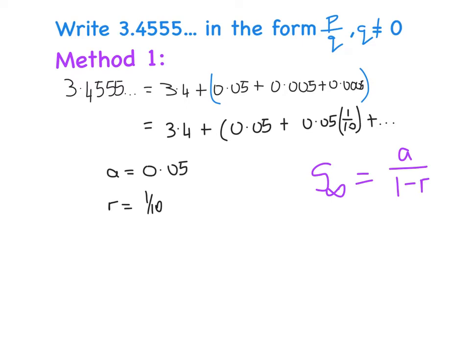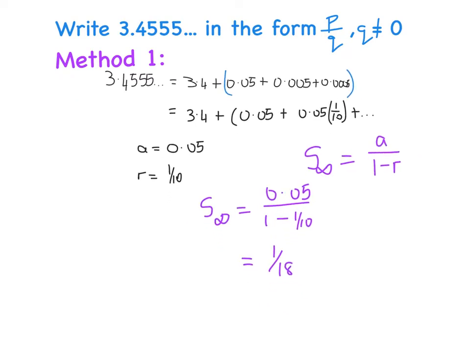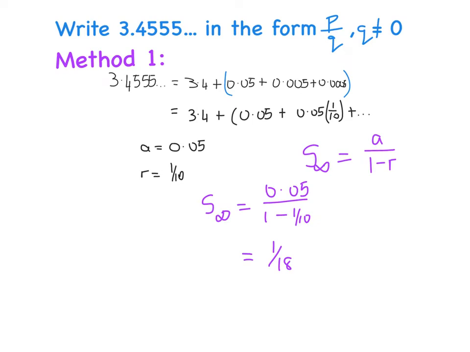And so working that part out, S infinity of this series is equal to 0.05 divided by 1 minus 1/10. Now if I put that into my calculator, I get a fraction, 1 over 18. And so my full answer for this method will be to say that 3.4555 dot dot dot is equal to 3.4 plus 1 over 18.